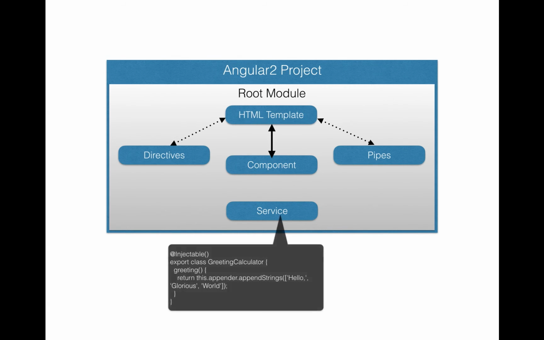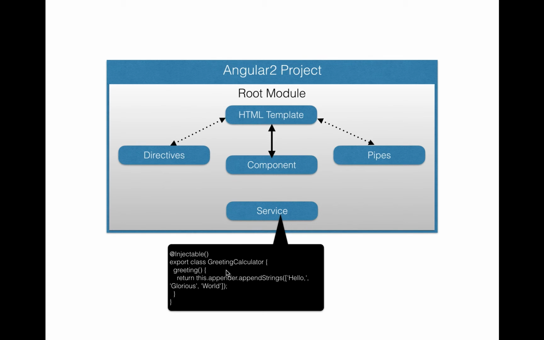Let's take a look at an example. GreetingCalculator is our service here, and it becomes a service because we have a decorator called @Injectable on this class. You can inject your service into a component, and you can inject the same service into many components at the same time.